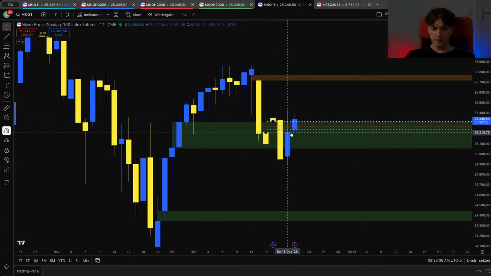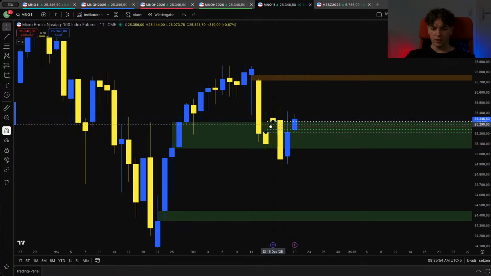But it seems like price wants to spend some time in this daily volume imbalance here, and it's kind of 50-50 now. Like I told you, it depends on how price closes today.